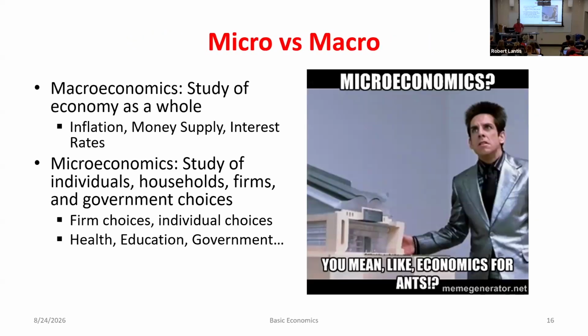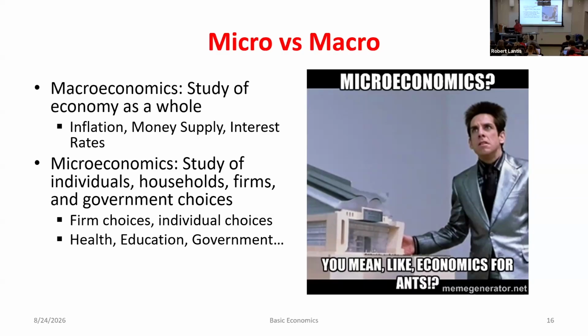Now, one reason why I find microeconomics much more interesting is because macroeconomics is the study of what a country is doing. That can't really be applied to much else than what countries are doing. When we look at microeconomic issues, individual choice, that can be applied to a variety of different sectors. So you can look at healthcare decisions.